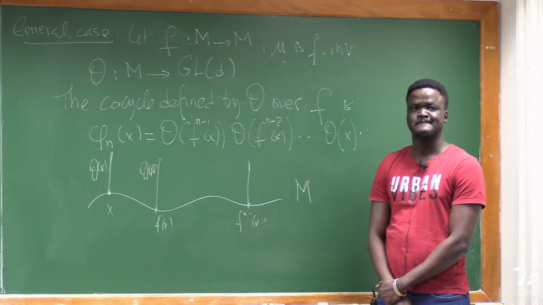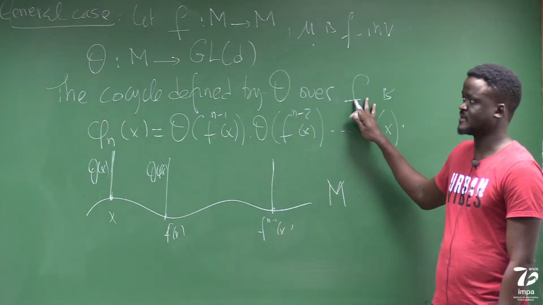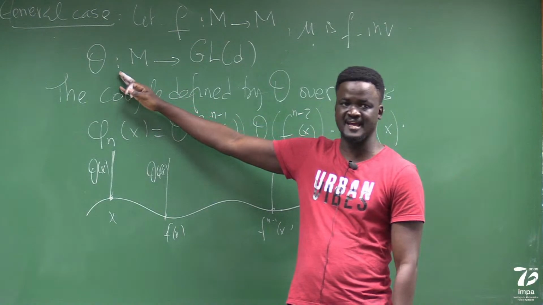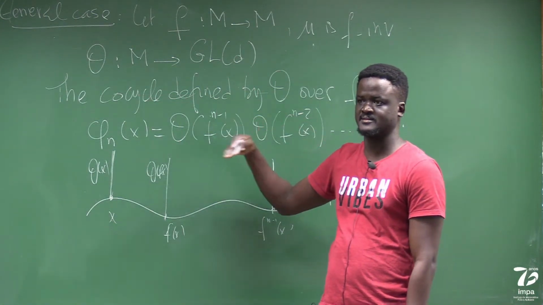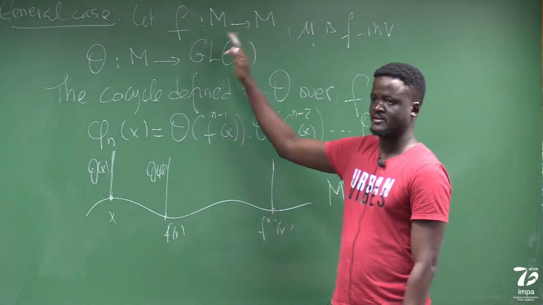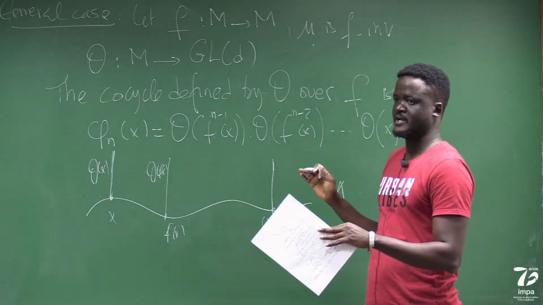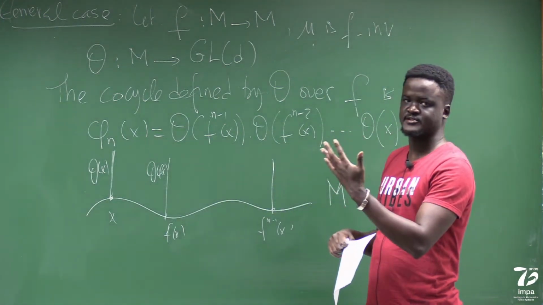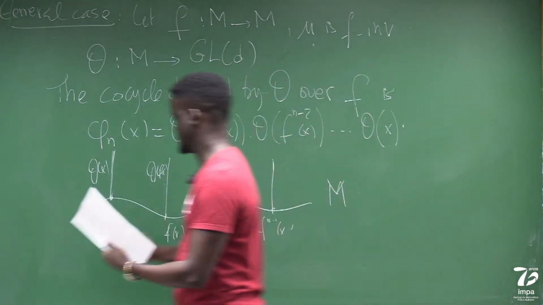You can think that if f is a diffeomorphism, theta is like df. The easiest cocycle is the differential. If you have a map from Rn to Rn, you can think of df as a matrix. So let me write that.